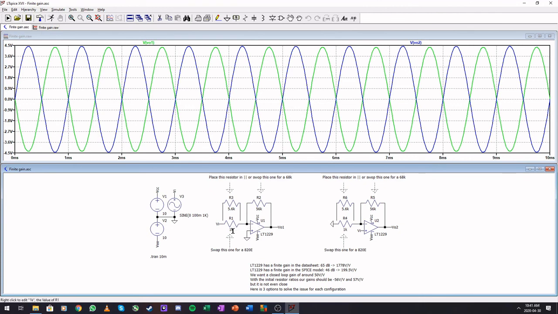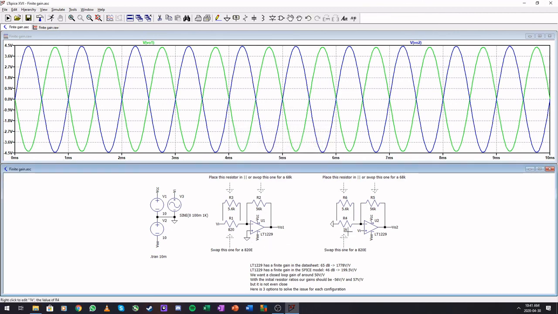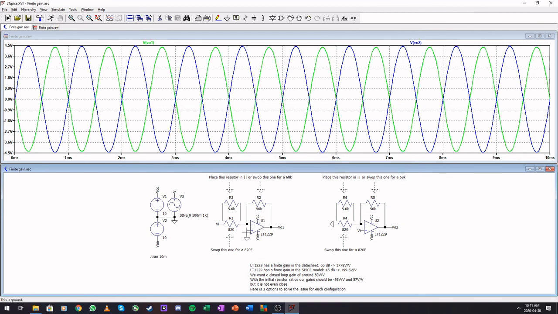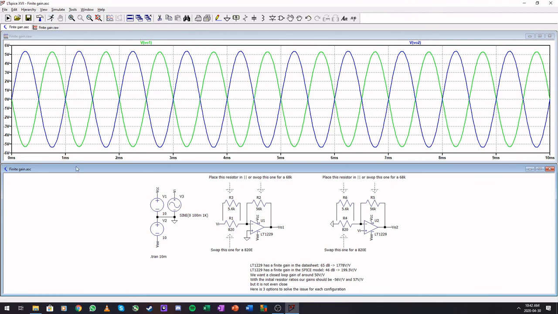Okay, so option 1 was to change this resistor with 820 ohms and this resistor with 820 ohms. Okay, so the blue is our non-inverting and the green is our inverting. So if we run this, we are just over 50 volts per volts.